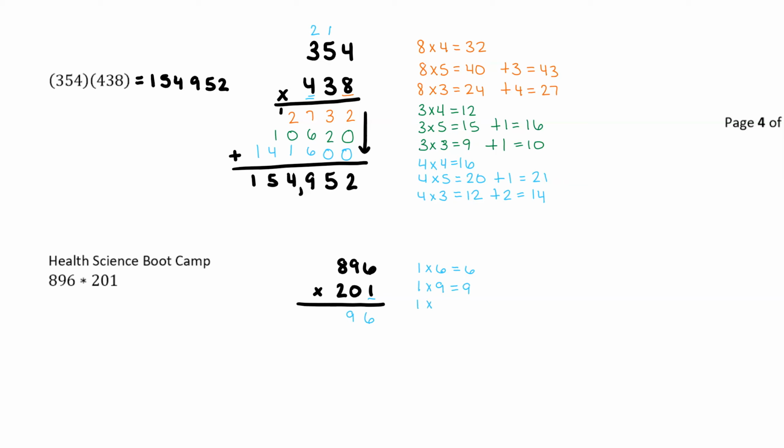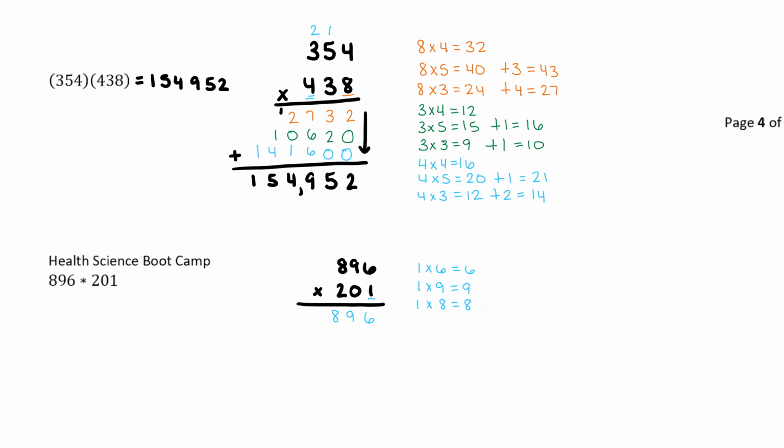And 1 times 8 makes 8. Since we're multiplying by 1, it just comes out to that same number. So we just did 896 times 1. It's not a coincidence that it made 896.